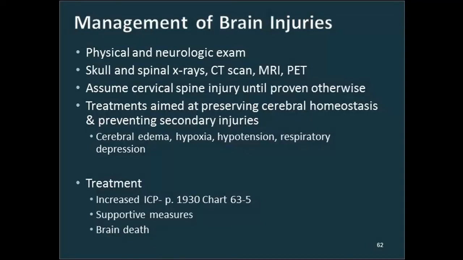Management of brain injuries in general, of course, physical exam and neuro exam. You want to know what kind of symptoms are they having. What is their baseline neuro status? Now remember, if you're in the hospital and this patient comes in with a brain injury, what you see in terms of their neuro status might not be normal.